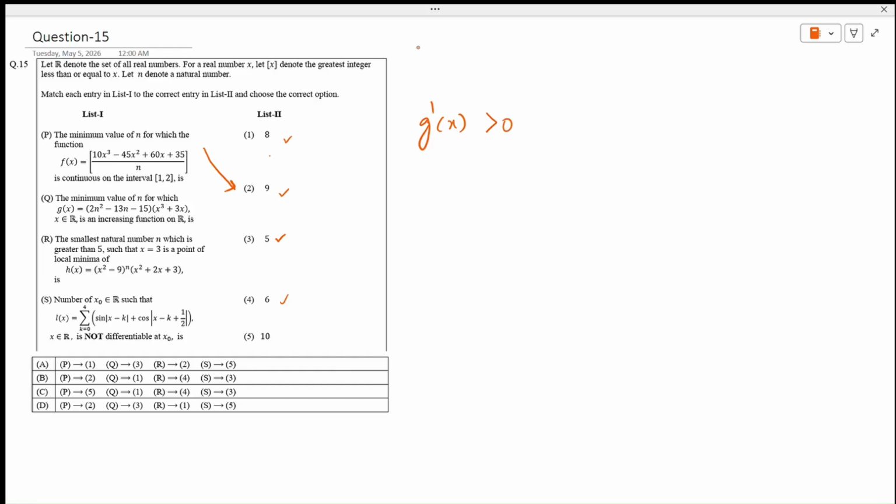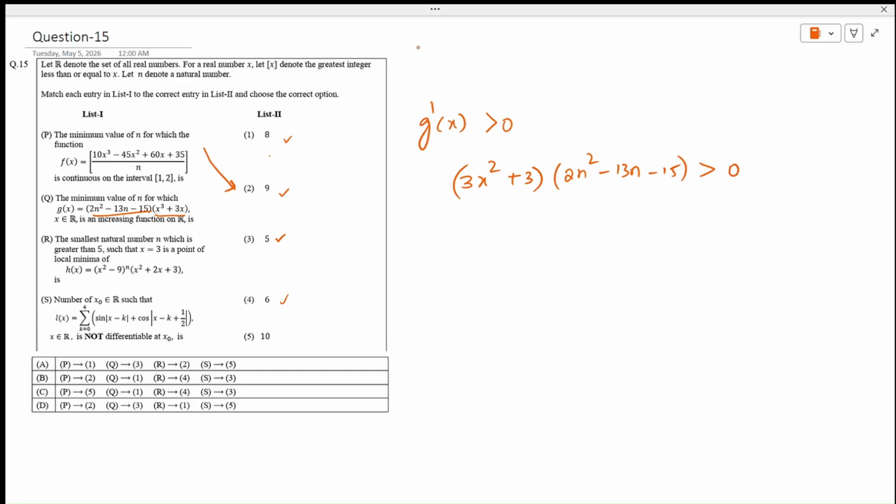Okay. What is g dash of x? This is the constant and this is a function in x. So we'll get 3x square plus 3 into 2n square minus 13n minus 15. This should be greater than 0 for the function to be increasing.